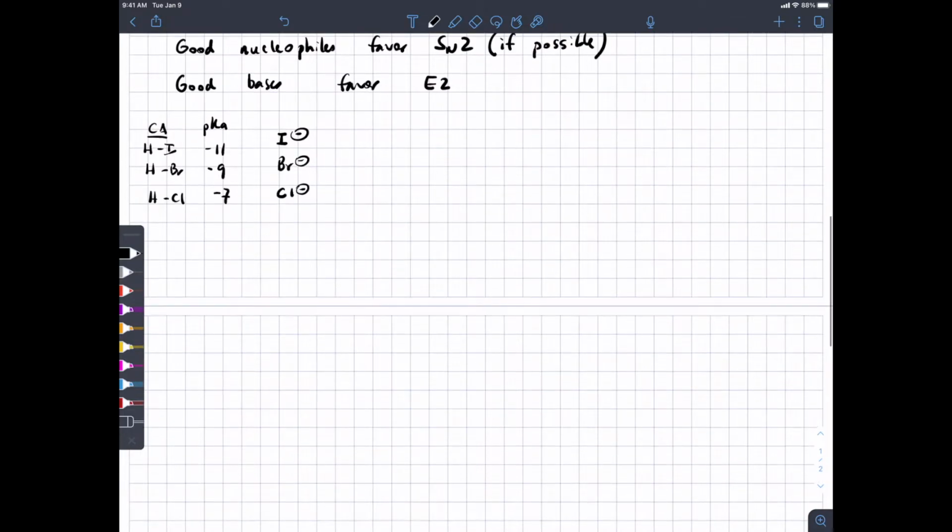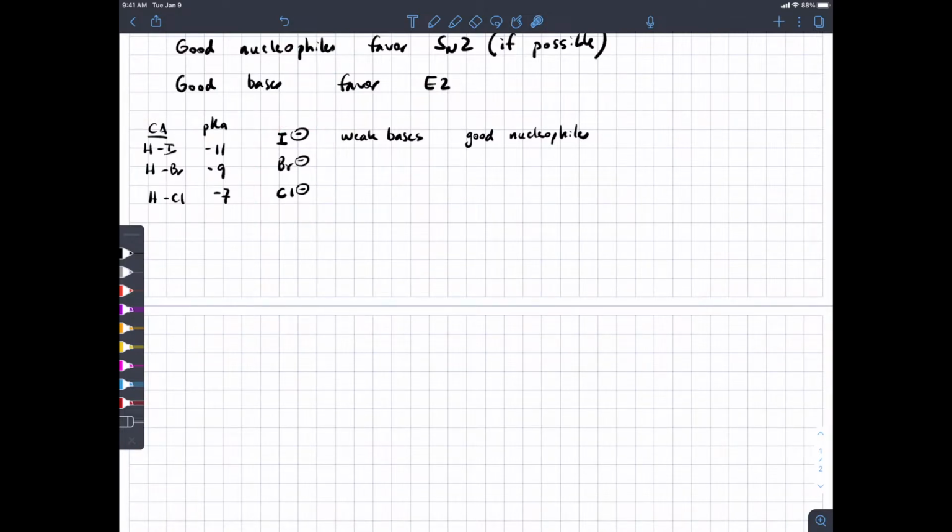They are very stable on their own. These are weak bases, but they are still good nucleophiles, in part because they are large, and in part because they're negatively charged.